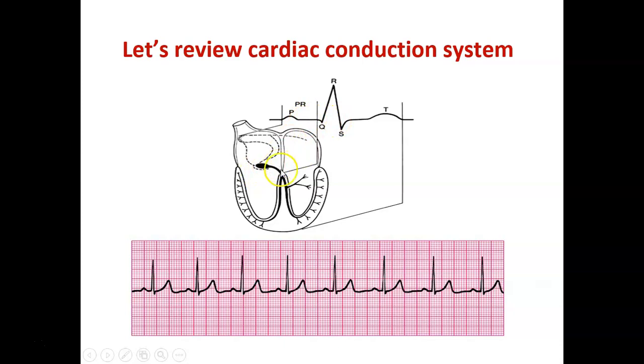Then the electricity moves fast through the bundle of His and the right and left bundle branches to the Purkinje system. On the ECG, we get the P wave, then the PR interval, then the big complex, which is Q, R, and S, and then the T wave when the ventricles relax.